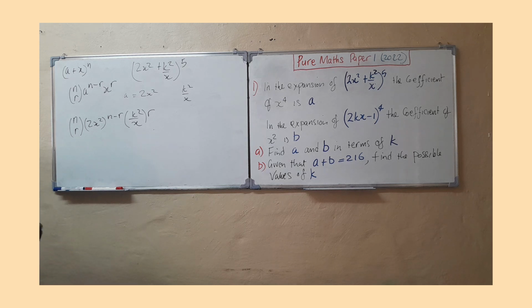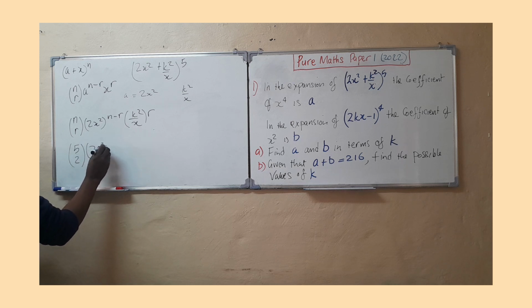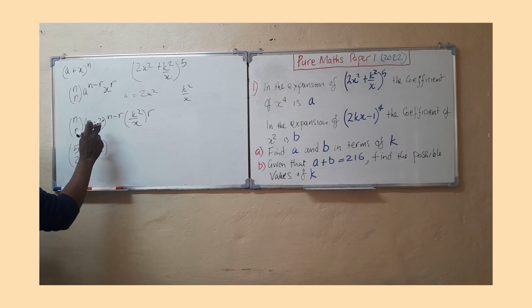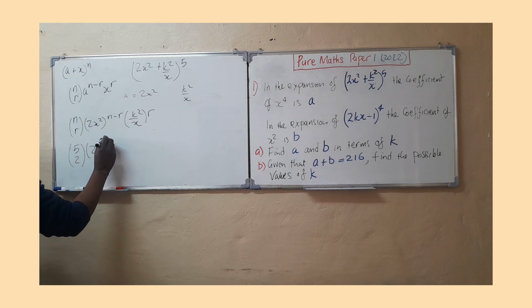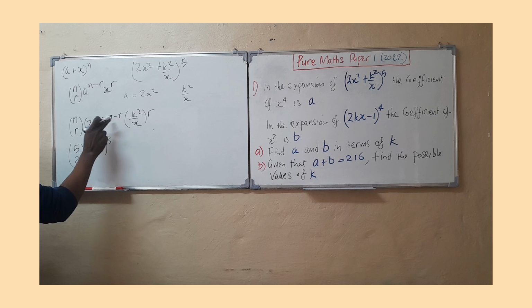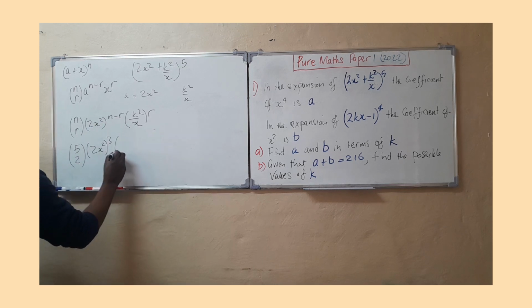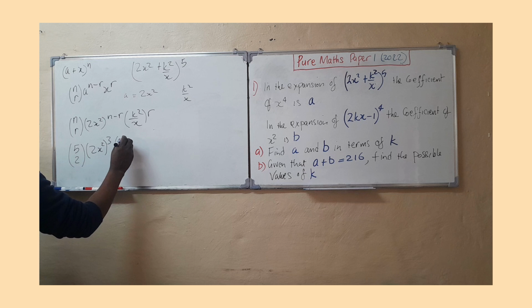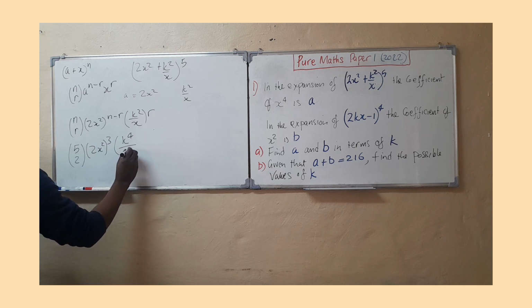So our term, the one that we are very interested in, will be 5C2 multiplied by (2x²) raised to the power 5 minus 2, which is 3, because r is 2 and n is 5, multiplied by (k/x) raised to the power 2.